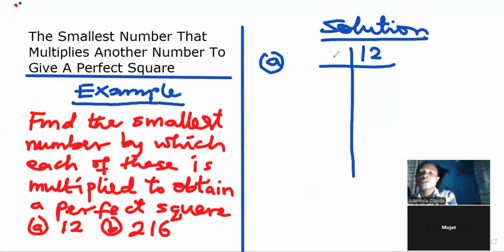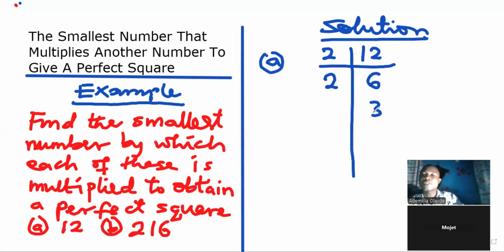You can now begin to divide down. How many times does 2 go in 12? 6 times. You divide again. 2 in 6, 3. You only stop when 2 cannot divide again. You stop using 2 and move on to another number. Preferably, the numbers you use to break this 12 down must be prime numbers.